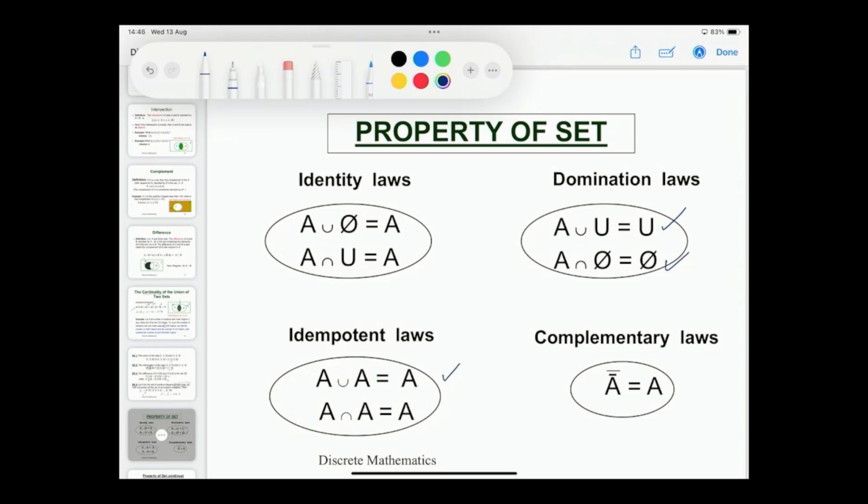Next one, when we have A union A, it is A. Similar to the logic, like A or A is A. A and A is A. Complementary. This is a double, just like double negation.